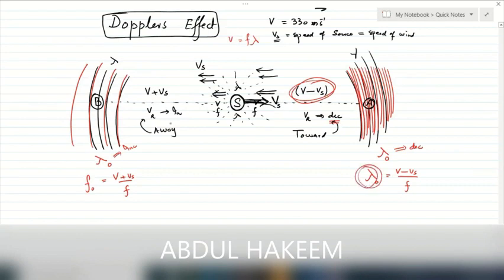When the source moves away from the observer, resultant speed increases, and this lambda naught also increases.